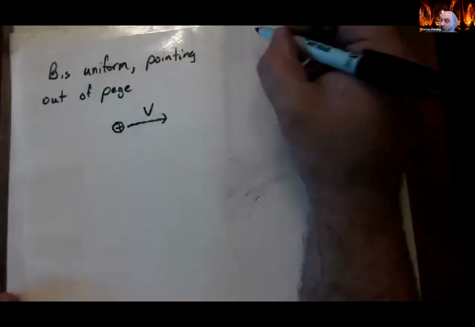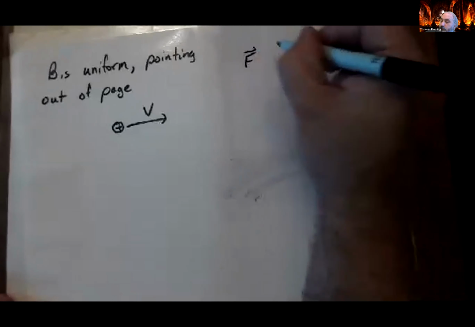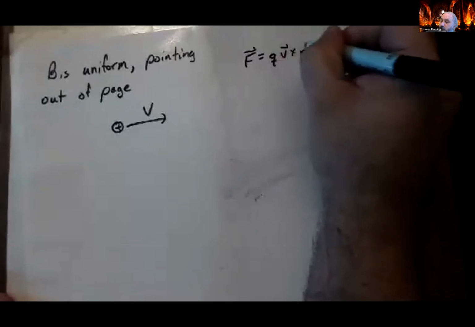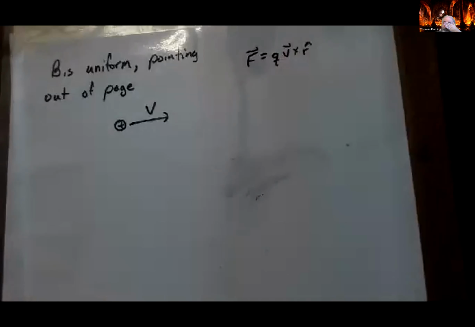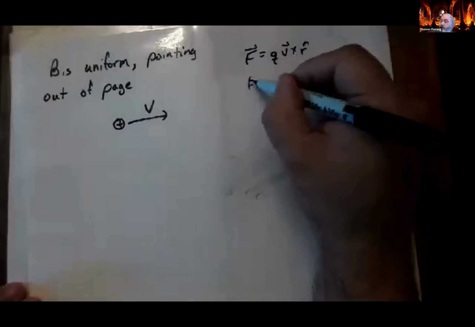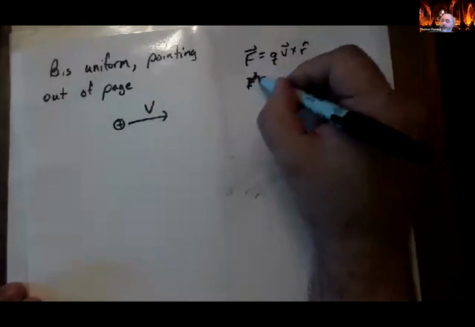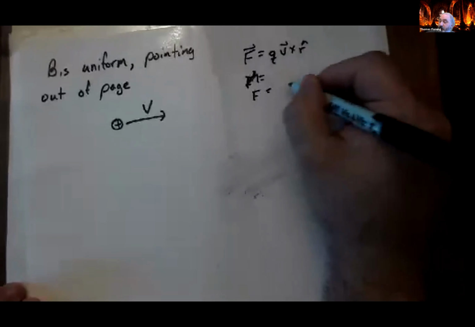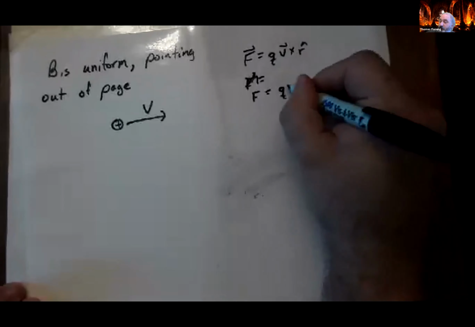Well, we're going to be applying the Lorentz force law to that particle. And of course, when I do cross products, the magnitude of that force, the number part of that force, is going to be whatever Q is times whatever the velocity is.